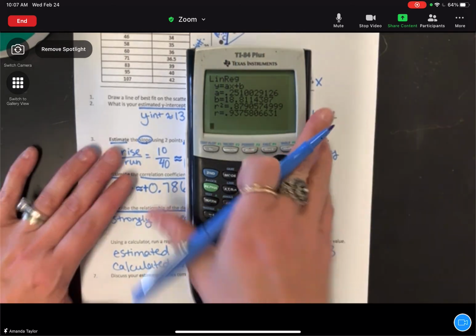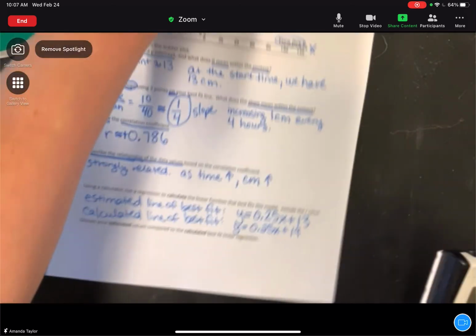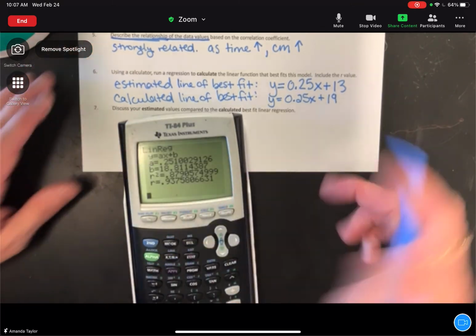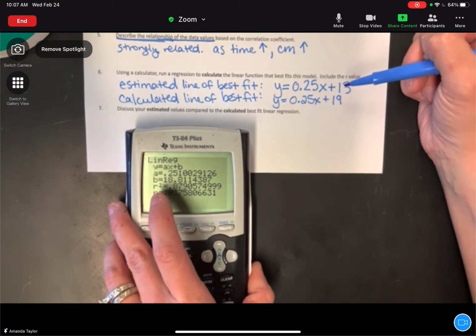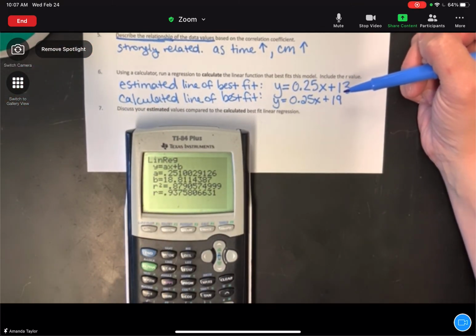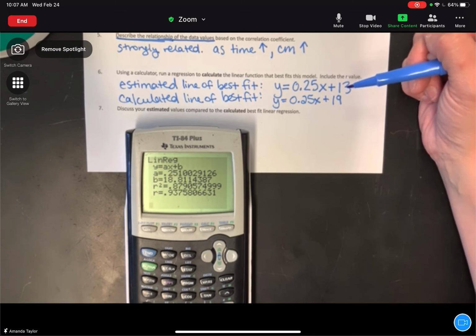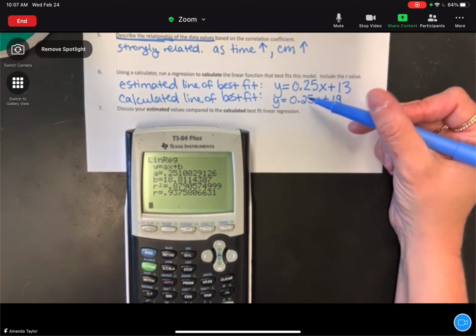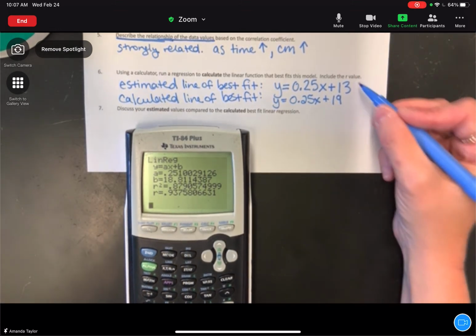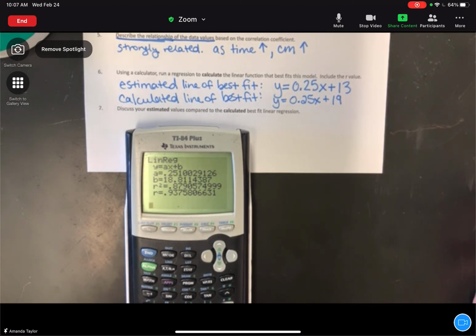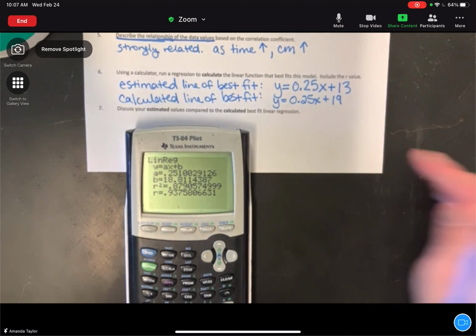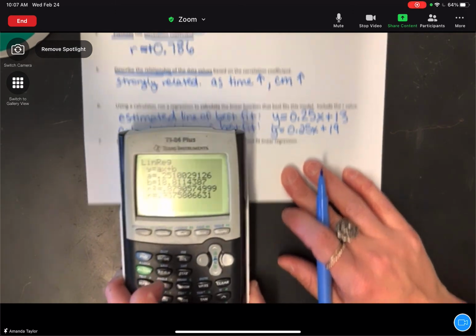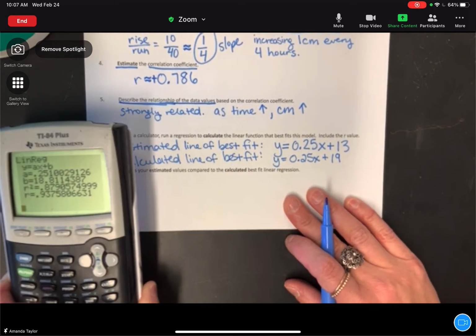So for our calculated line of best fit, I'd say we did a pretty darn good job. I don't think I've ever estimated it that close before. 0.25x plus 19. So we were really close. We were a little further off than I thought we would be for the correlation coefficient.